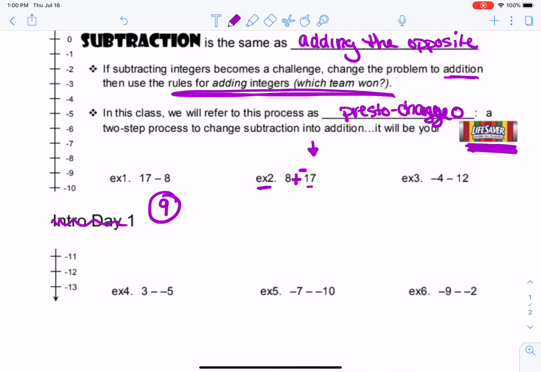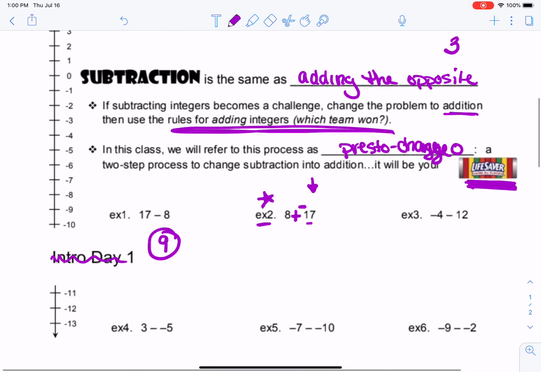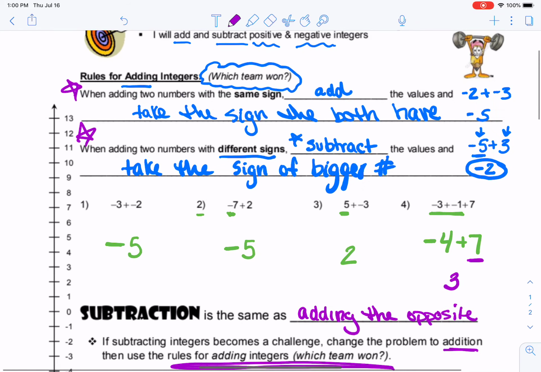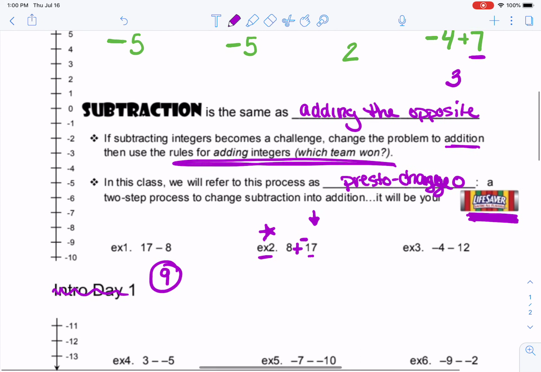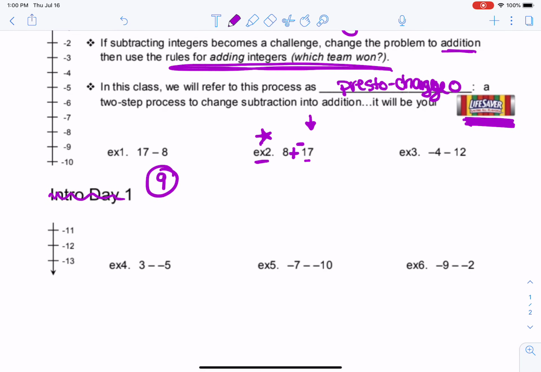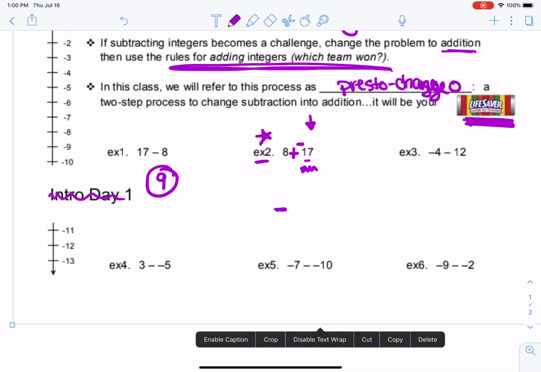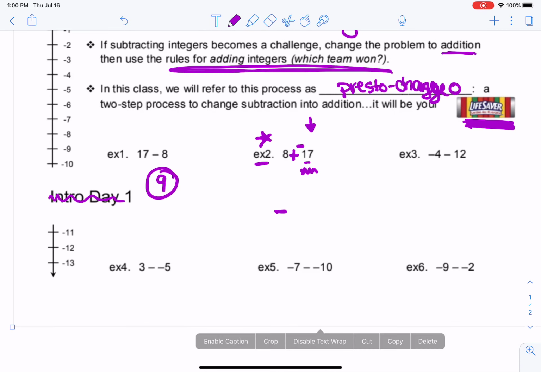The reason for that is now I can use my rules that I learned up here, when I have different signs. Now I can use that same rule because now this is an addition problem. So I'm going to look, this is my bigger number, so my answer is going to be negative, and I'm going to subtract those two numbers because I have different signs. So my answer now is going to be negative 9.